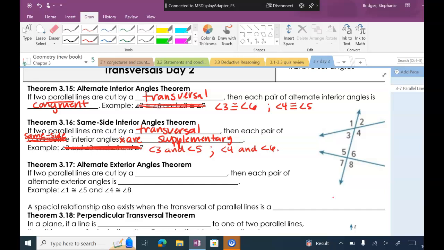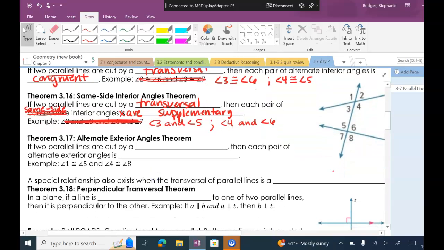Also, again, because this book doesn't mention it, same side exterior angles have the same relationship. They are supplementary. Okay. The way you can remember it is same side is supplementary. SSS, same side supplementary. Then we have one that talks about alternate exterior angles. And again, it starts out the same. If two parallel lines are cut by a transversal, then each pair of alternate exterior angles is congruent.